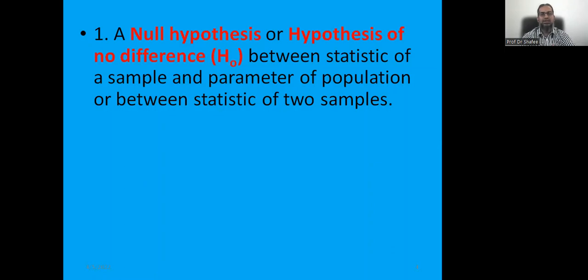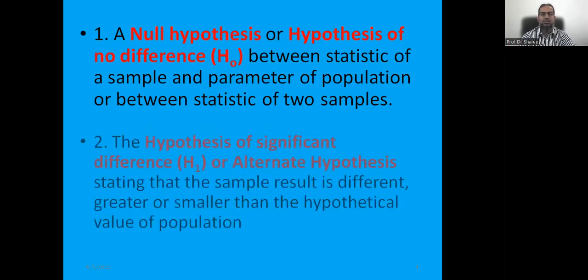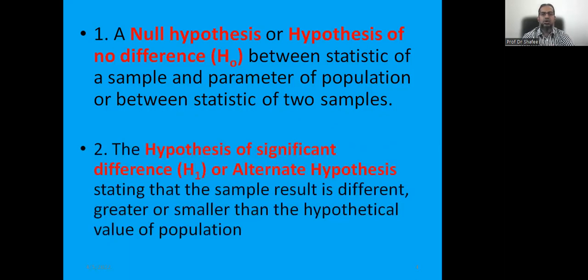So the null hypothesis will be that there is no association between smoking and lung cancer. But there is another type of hypothesis, called the hypothesis of significant difference or alternate hypothesis. It states that there is a significant association between smoking and lung cancer.